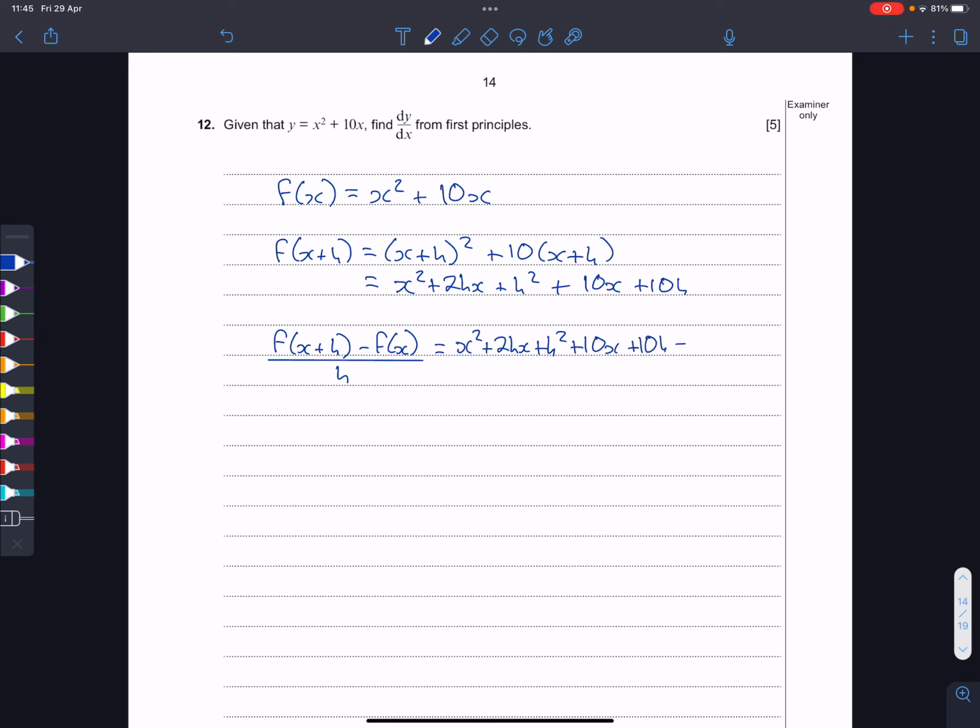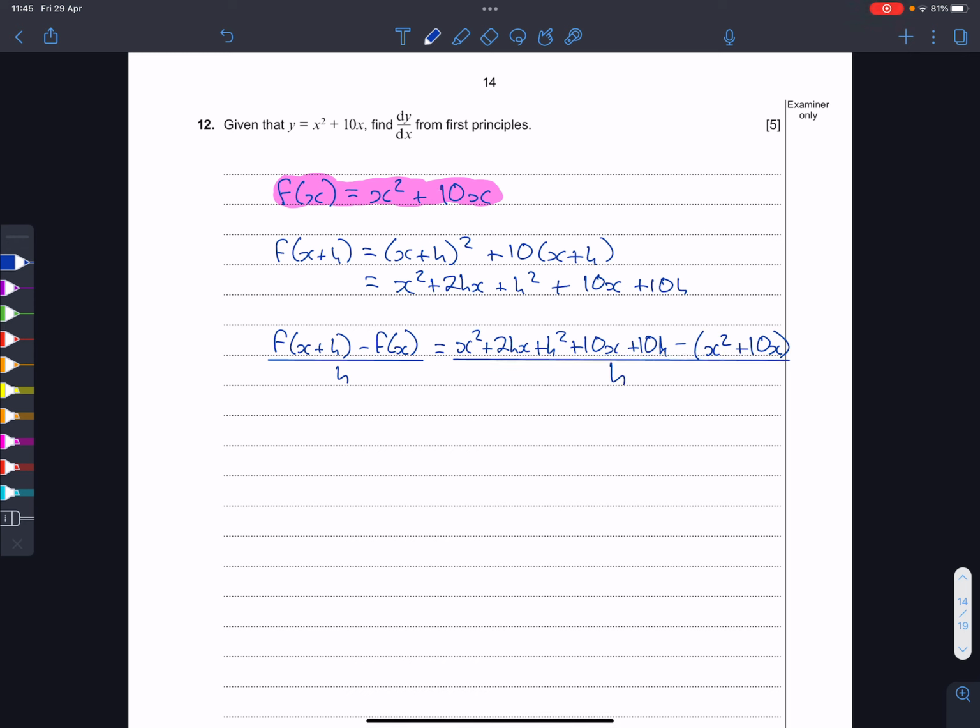And I want to take away all of this f of x. So all of that is being taken away. x squared plus 10x. And that's all over h.